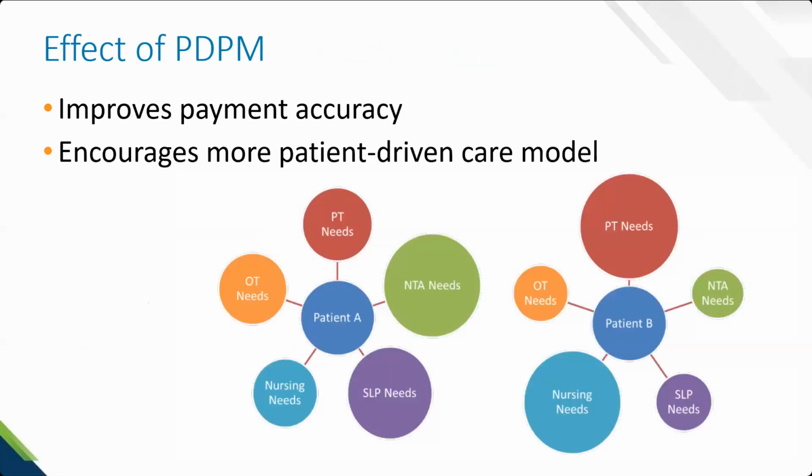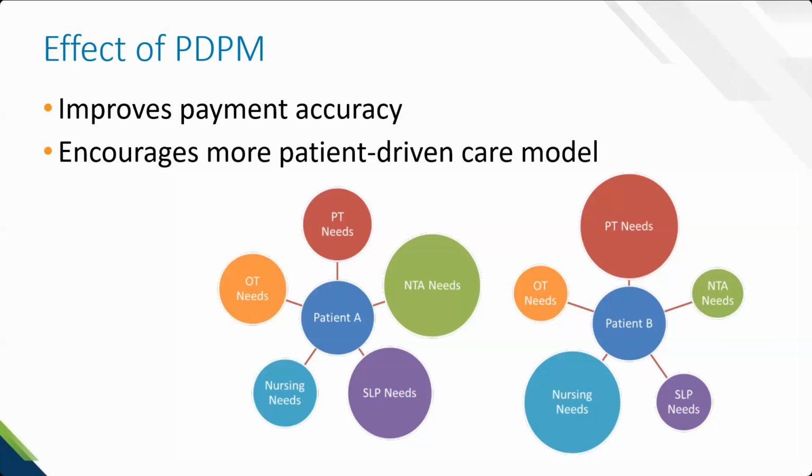So by addressing each of the patient's unique needs independently, PDPM really improved patient accuracy and payment accuracy. Under PDPM, all SNF patients are classified by their components of care, and it highlights the importance and complexity and unique qualities of the SNF care and the SNF patient.